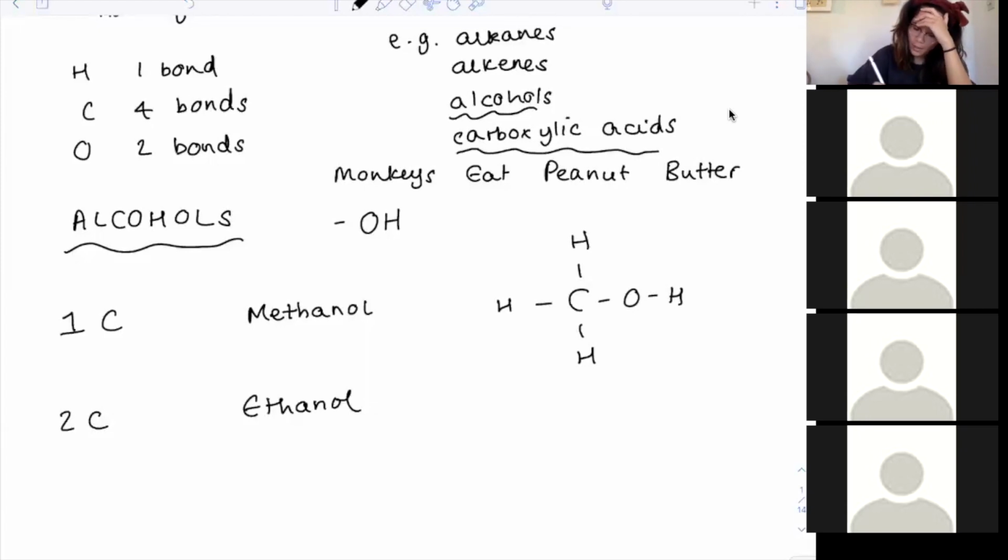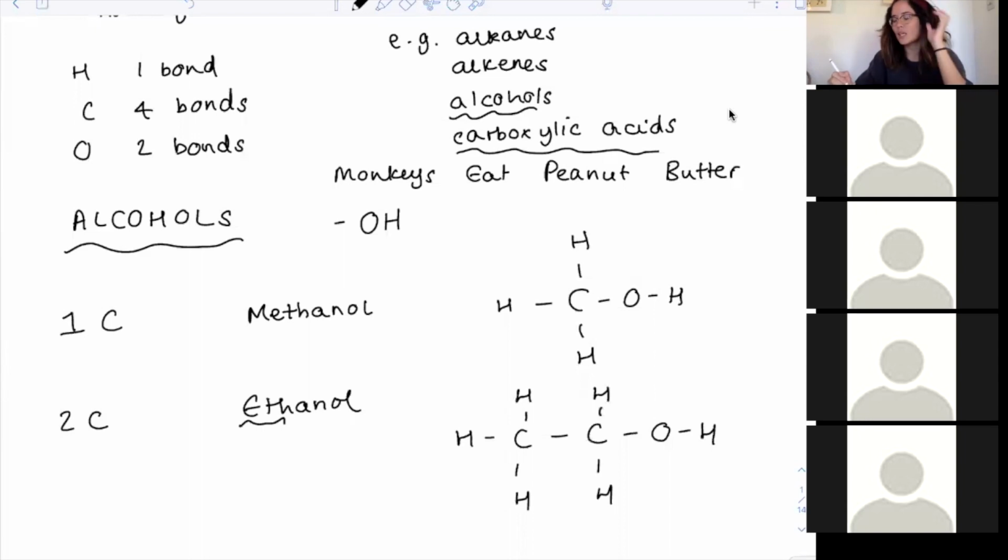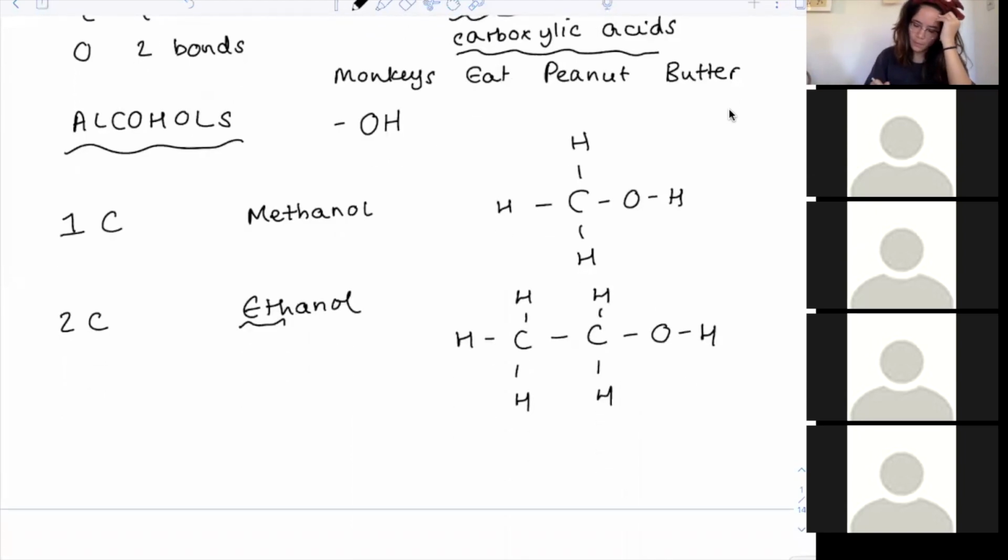So if we draw that, we know that we have 2 carbon atoms. We know that we need a functional group of OH, and then it's just a matter of completing the molecule with hydrogens, making sure that each carbon atom has 4 bonds, each hydrogen atom has 1 bond, each oxygen atom has 2 bonds.